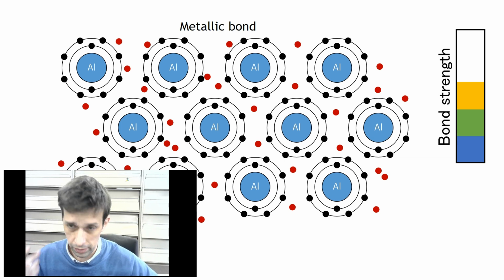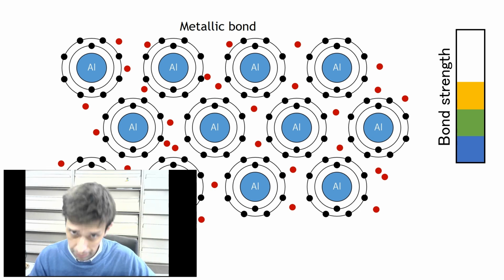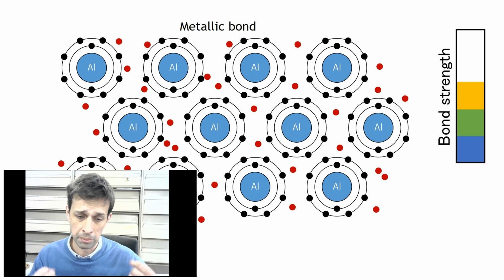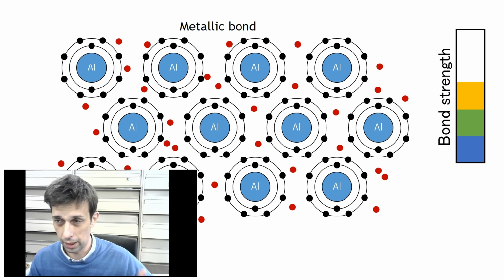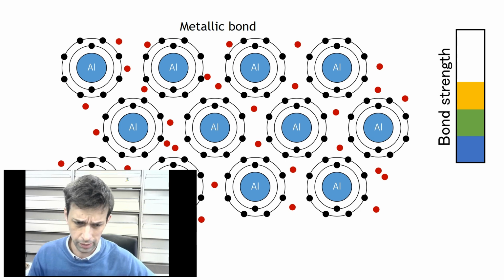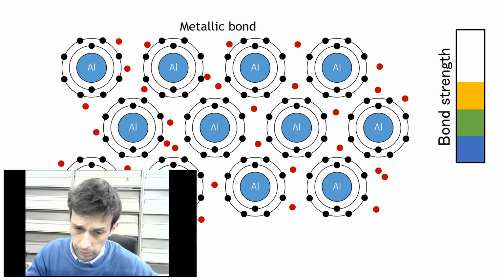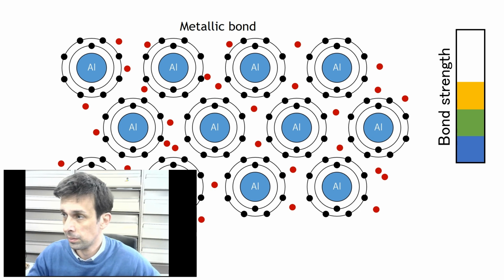So strength is a concept that needs a little bit of clarification, but even if we clarify what we mean by bond strength, which usually is the energy that it takes to break the bonds, there's no clear winner. There are distributions with strong and weak on both sides, and I really don't want to go into the details and pick a winner. If you want, you can go on the internet and fight your own fight, because there are plenty of places where this discussion is still going on nowadays.